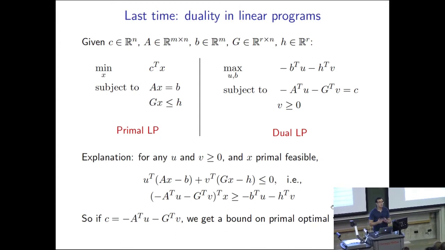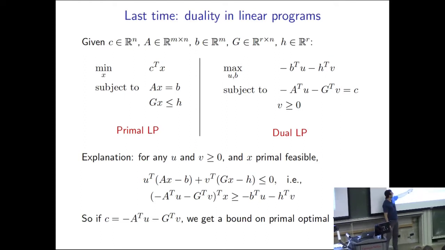We started off doing this for very simple linear programs with just like two variables, but we moved on to something of this form. But in any case, it was constructive. We were constructing these lower bounds, I think, in a very intuitive way. And we started off by saying that if you took any feasible x, so that means any x that satisfies these constraints, any u and any v that's non-negative in every component, then u transpose (Ax minus b) plus v transpose (Gx minus h) must be less than or equal to 0.